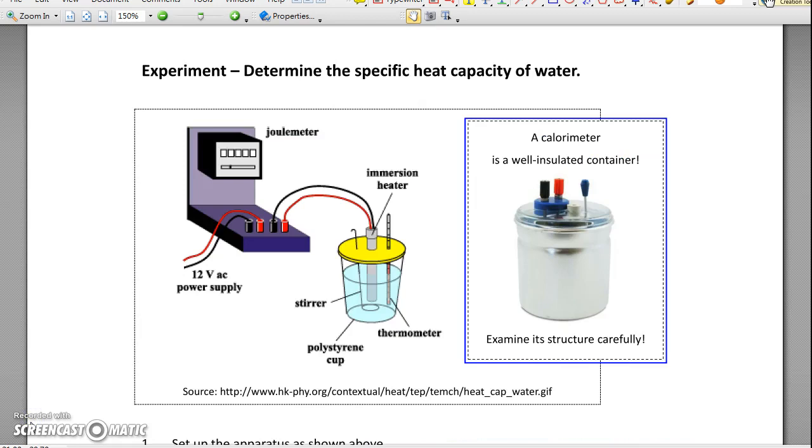In the coming lesson, you are going to do an experiment to find the specific heat capacity of water using a calorimeter together with a joule meter to measure the energy supplied to a fixed amount of water.